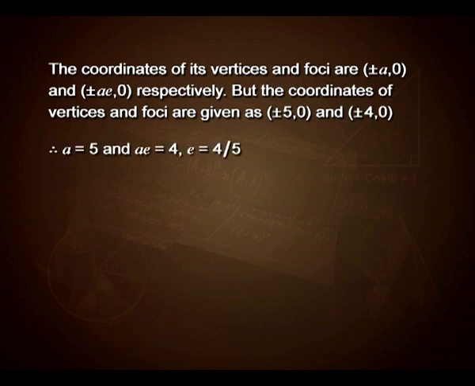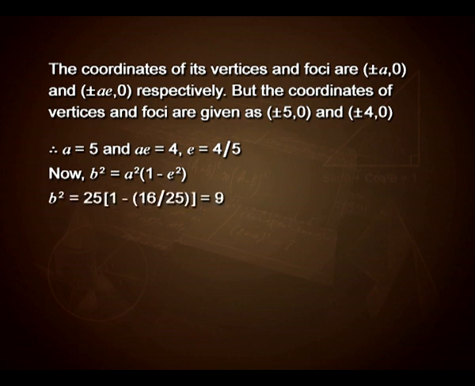Therefore, a is equal to 5 and ae is equal to 4. So, e is equal to 4 upon 5. Now, b square is equal to a square into 1 minus e square. So, b square is equal to 25 into 1 minus 16 upon 25, which on simplification gives us 9.